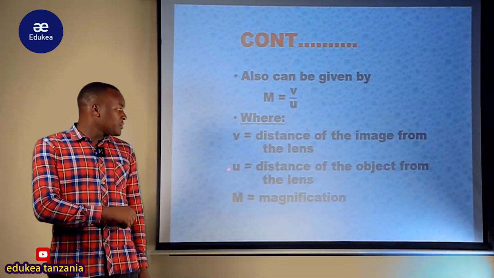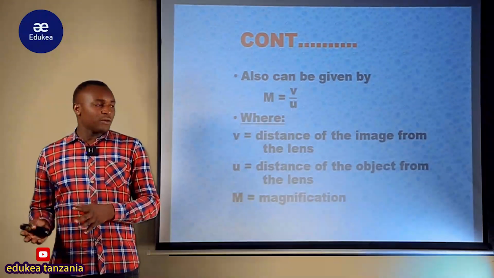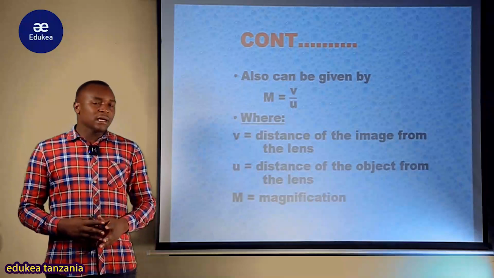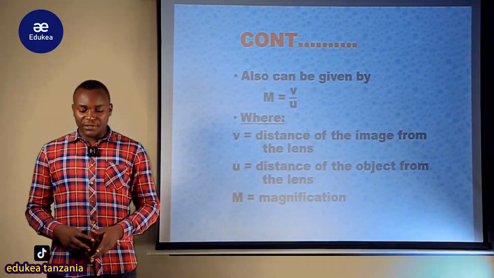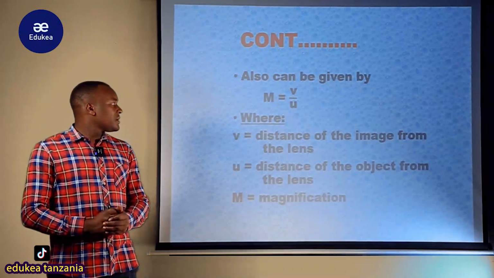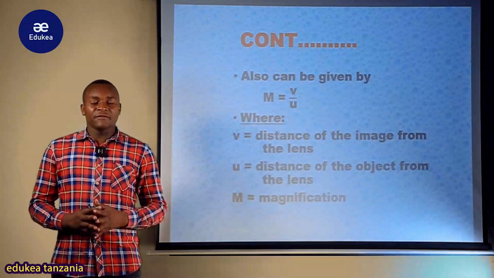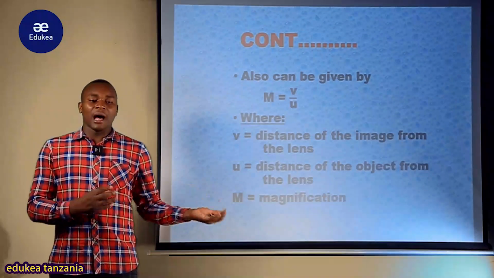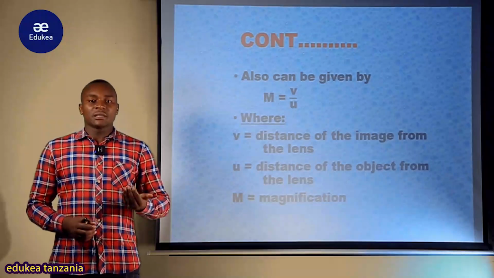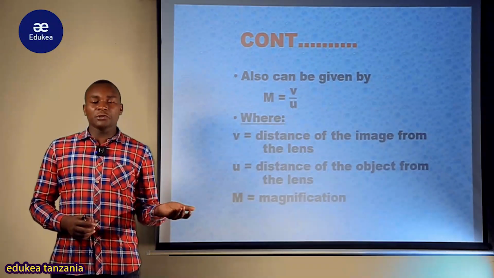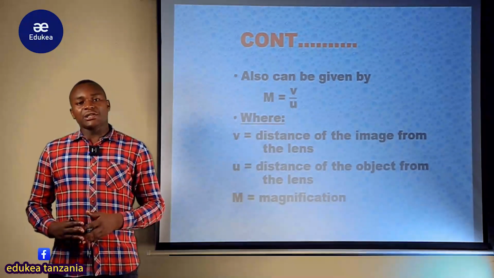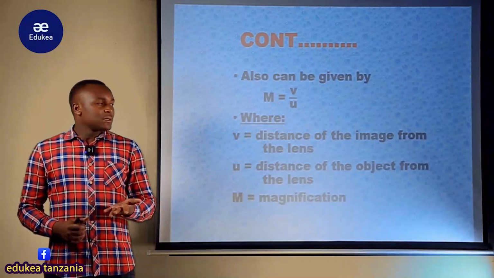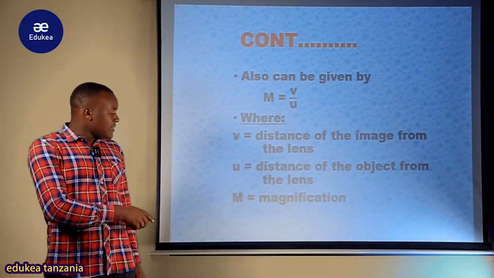But also u means the distance of the object from the lens, and m stands for magnification. Hivyo ndivyo jinsi unavyoweza kucalculate magnification ya image yako. To which extent can an optical system either enlarge or reduce the image corresponding to the object.